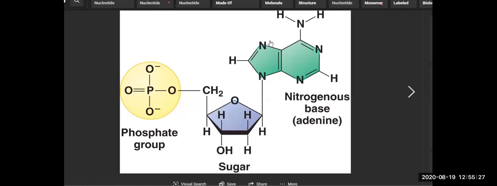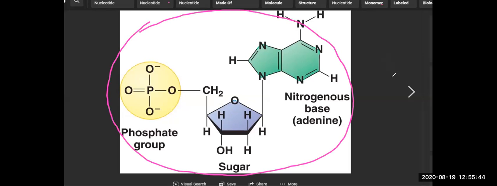This is a sugar, this is a phosphate group, and this is a nitrogenous base. Combined, we call these three things a nucleotide.